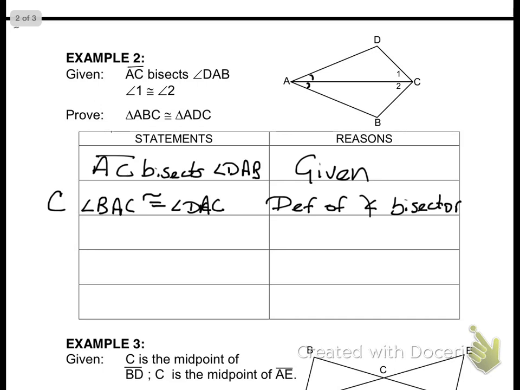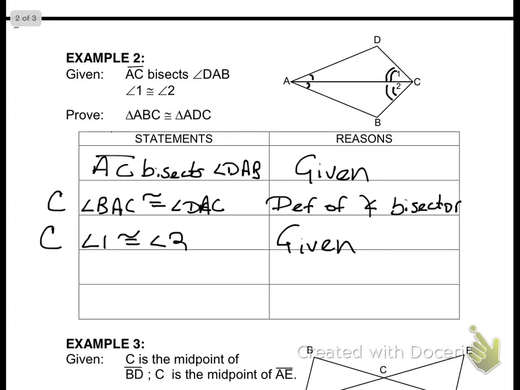Then our next given is that angle 1 is congruent to angle 2, which is already a congruency statement, so we don't have to worry about drawing any conclusions. That's a given. Okay, and so we're going to mark that on the picture. Angle 1 and angle 2, we're going to mark them with two curved lines to show that they're congruent. But that's only two congruency statements, so we need a third one.